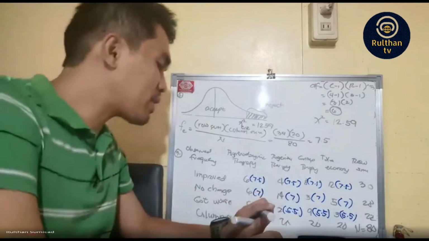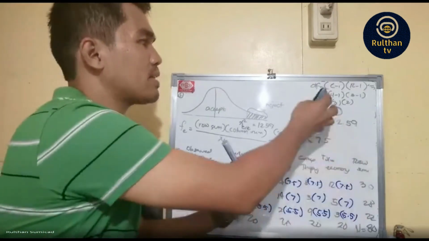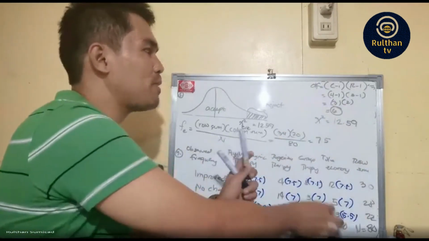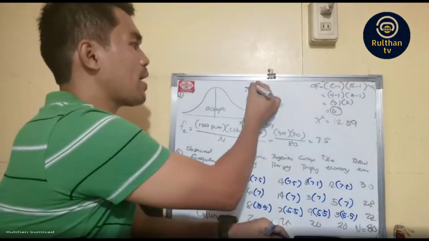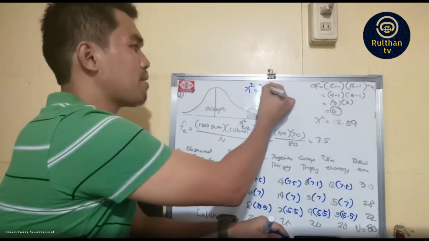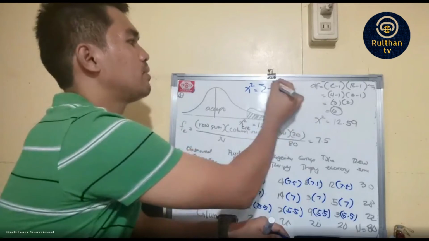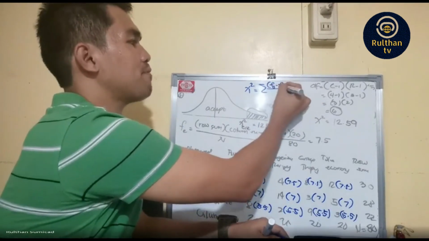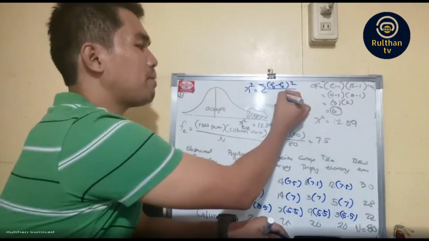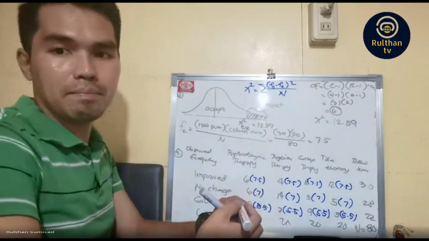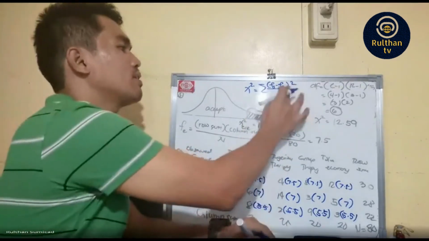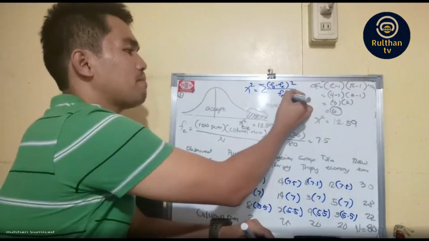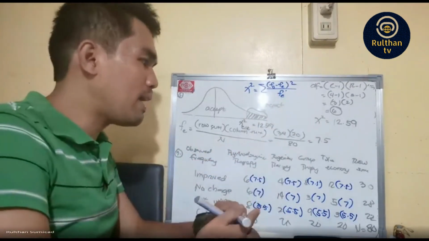To solve for our chi-square computed, I'll just have to erase this one. I'll just remind you that our formula is chi-square equal to the summation of FO minus FE squared, divided by FE. So we follow that formula.